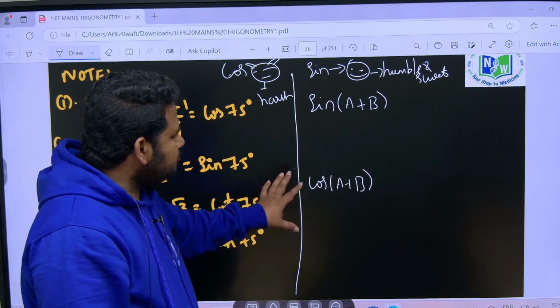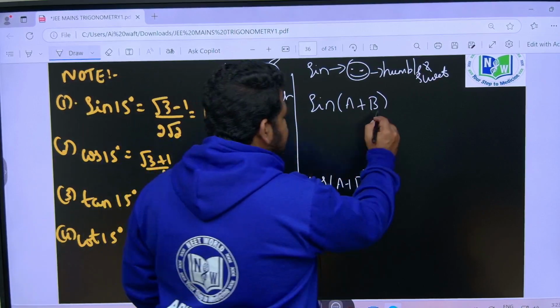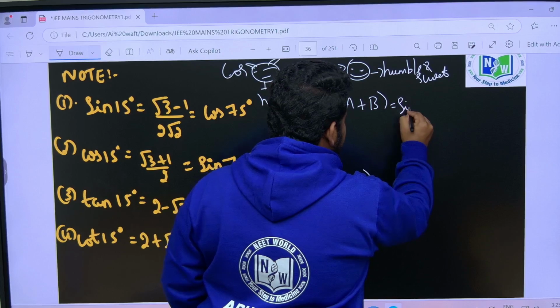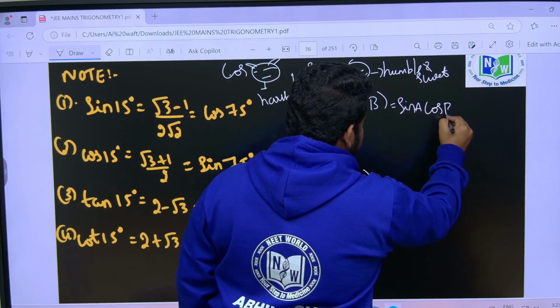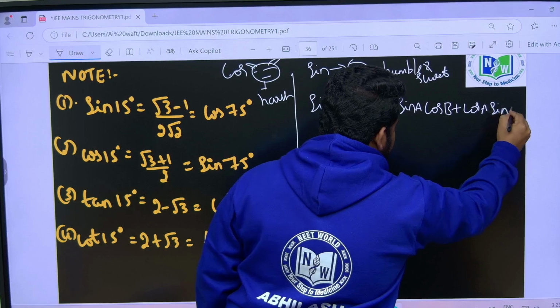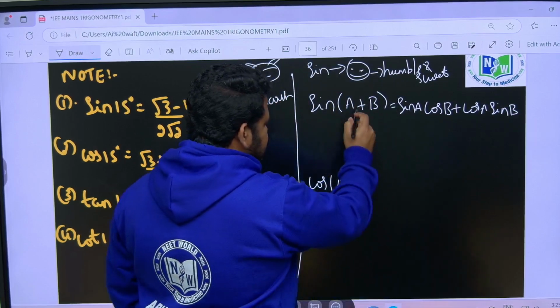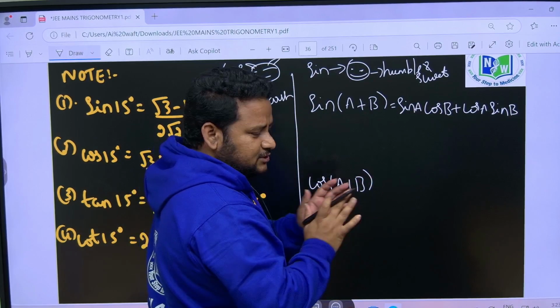So first, sin of a plus b. Sin a is ready to merge with cos b plus cos a sin b. So plus means he will take plus only. If you ask sin to close the door, he will close the door.